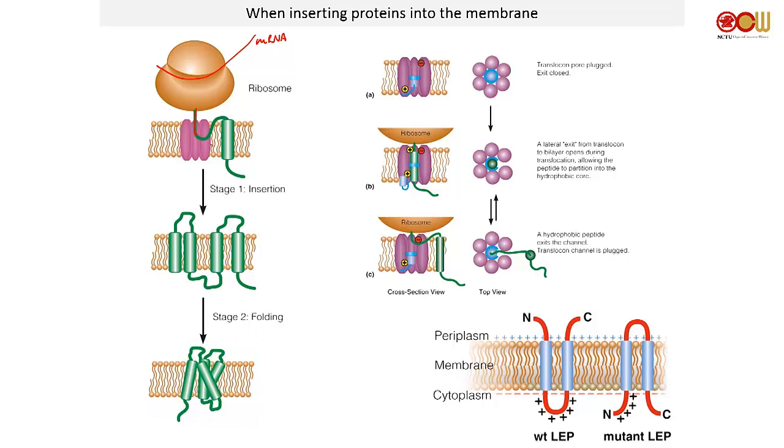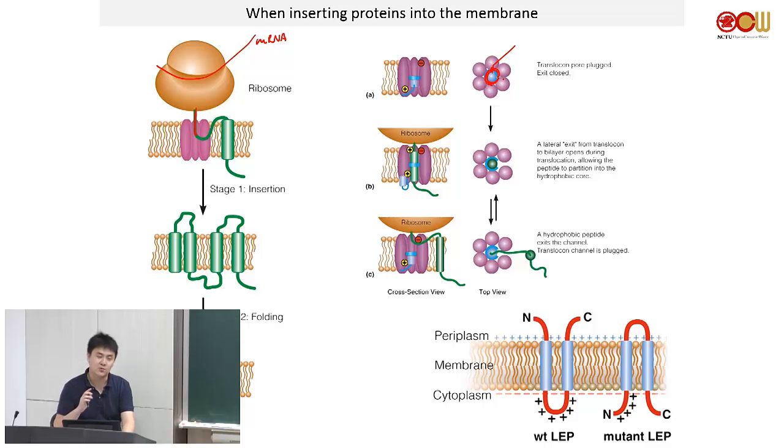So this is like a side view. If you look at a top view, what do you have? You have this thing called the translocon. Initially this is plugged, and then you have this hole here where you can start doing your work, and your ribosome is going to spit out your polypeptide into this hole.